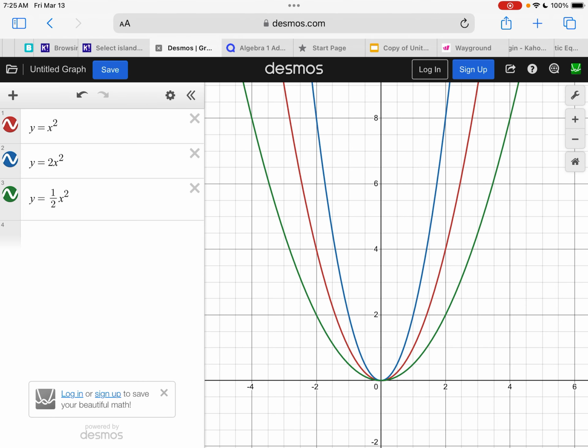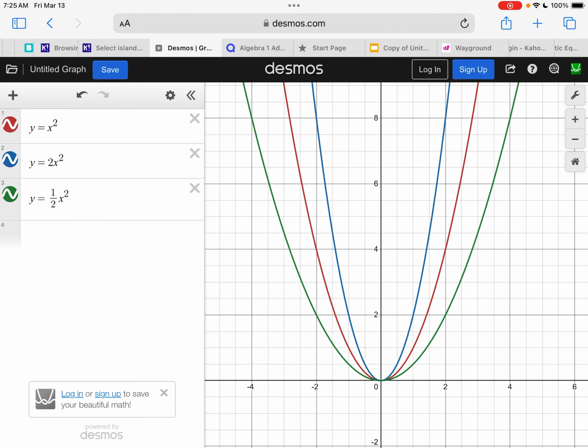So it's just like the rubber band. When you stretch it, the bigger the number, the more it stretches and the parabola gets skinnier. When it's a fraction, it releases the rubber band and the parabola gets wider. That's the same thing with parabolas.